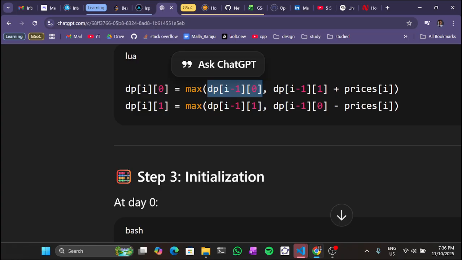We are taking the previous value dp of i minus 1 comma 0.